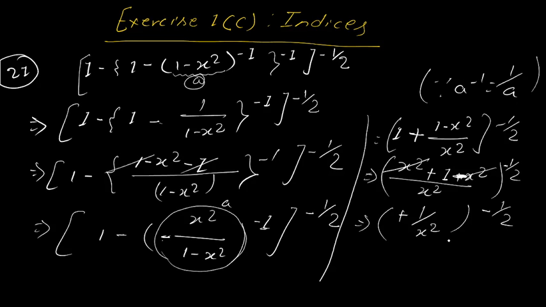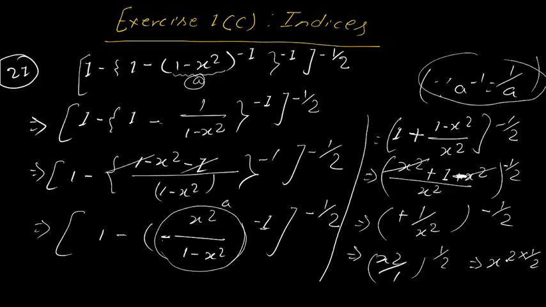Again, we are applying this rule only. So what will be the answer? x square by 1 to the power 1 by 2. Now it will become, open the bracket, so x square multiplied by 1 by 2, 2 gone, x to the power 1, equal to how much? Equal to, sir, x.